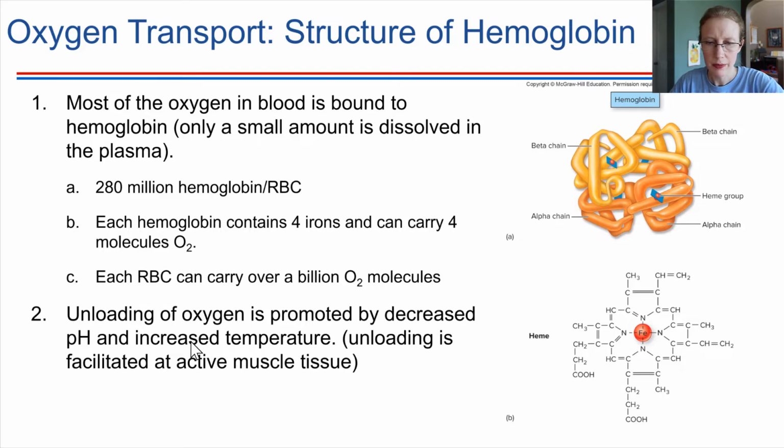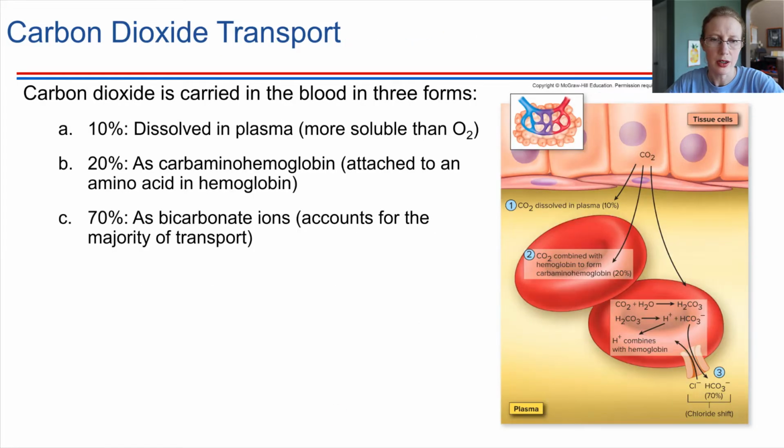If we look at carbon dioxide, how is it transported in the blood? Carbon dioxide is carried in 3 different forms in the blood. About 10% is just dissolved in the plasma. It's a little bit more soluble than oxygen, so a little bit more can just dissolve into the plasma and be transported freely in that way. About 20% of it attaches to hemoglobin.